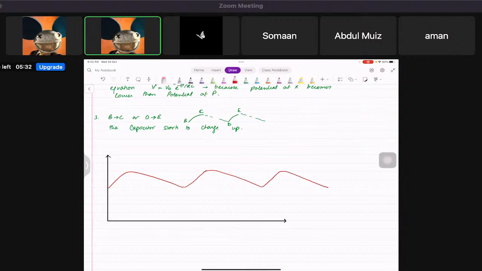So a good capacitor, a larger capacitor, discharges slowly, so it gives you a smoother wave. So this one is with a larger capacitor. So its value of time constant, which is how much time it takes to discharge to 37%, is much higher. So that's why it is expensive.